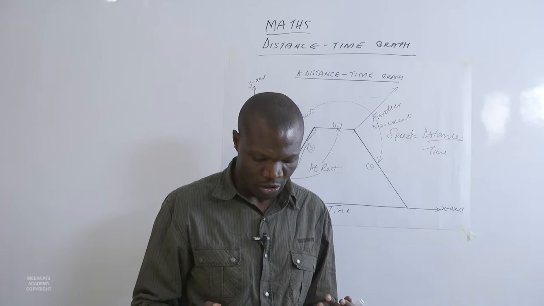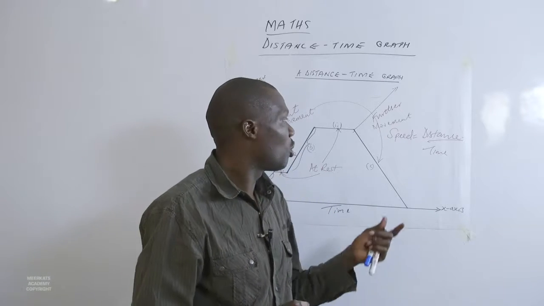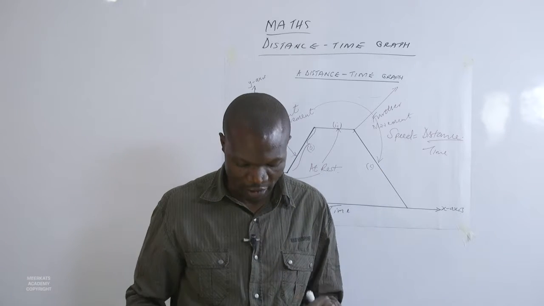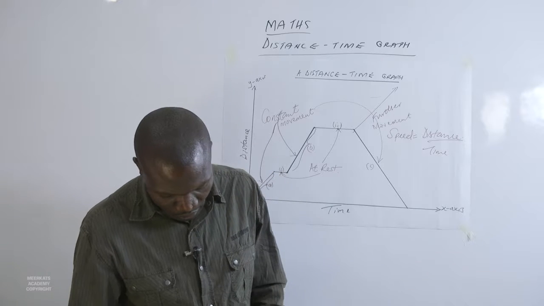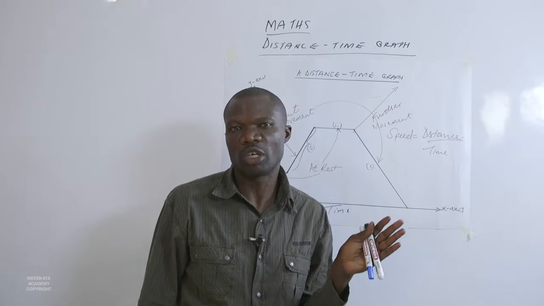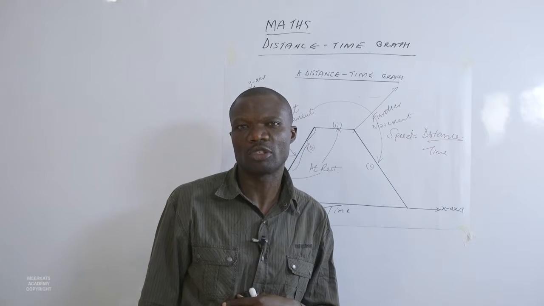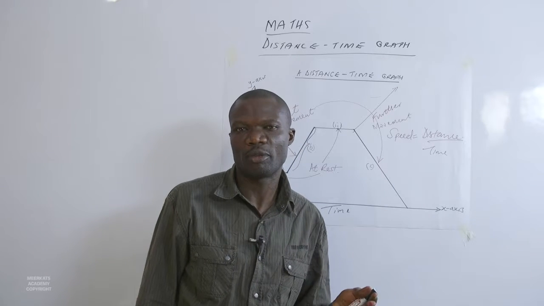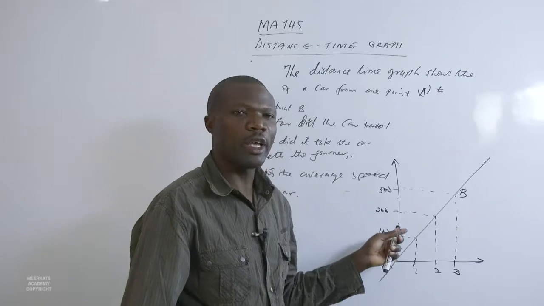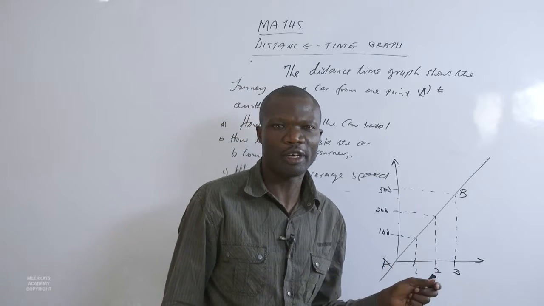So, to draw a graph, we shall simply use the values that we have been given. In this case, the distance will go to the vertical axis, while the time will go to the horizontal axis. Now, we have a graph here.